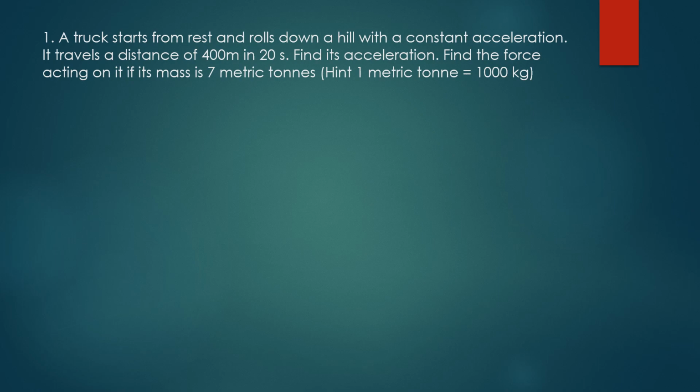What they have asked us here is to find the force acting on the truck, which has a mass of 7 metric tons. The truck is starting from rest and rolling. So we need to find the acceleration, and we also have to find the force. First we'll write the given.